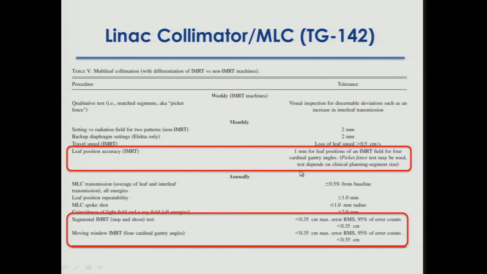So in clinical practice, I would hope that these numbers are actually more closely related to these numbers. I'm not sure where they got these from. But still, that's just for your leaf position, in addition to the mechanical uncertainties of 1 millimeter for each of the rotational axes of a Linac.